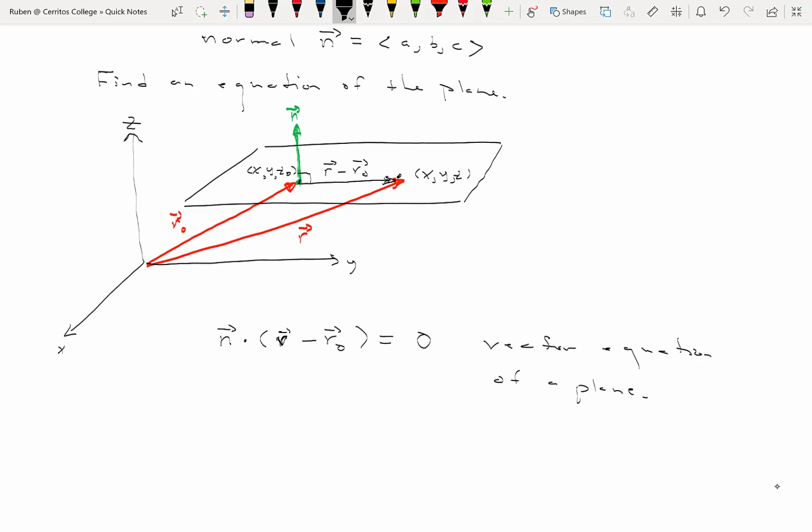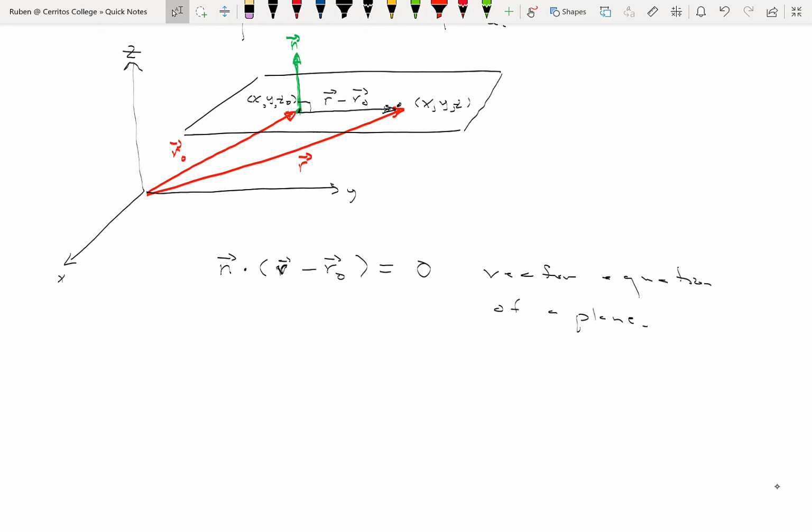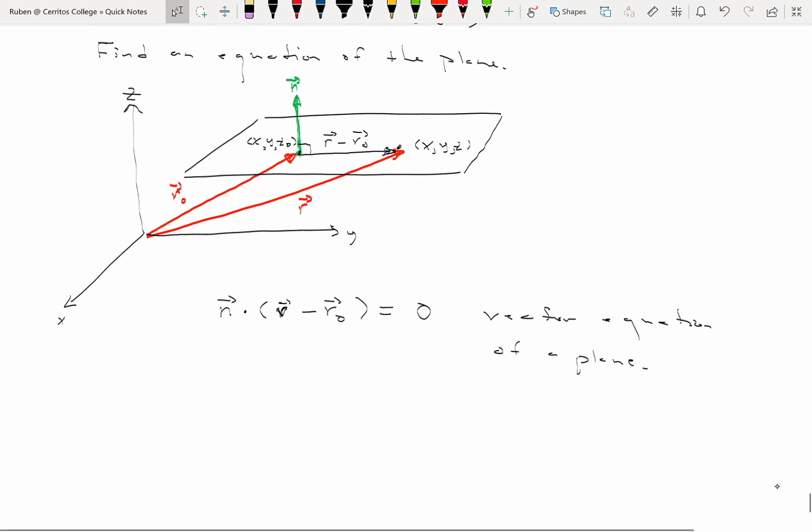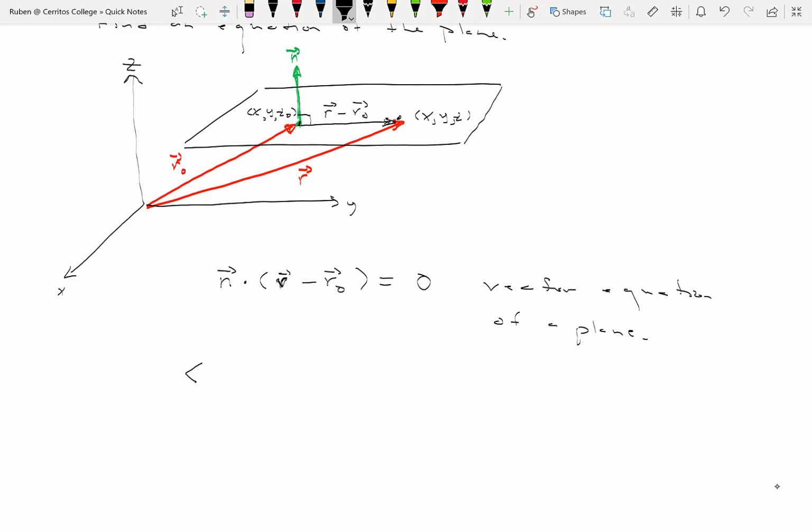Okay, it looks a little abstract written like that. Let's put the numbers in. Let's put the quantities in. The normal vector, did I identify it? Yeah, I did. I identified it as A, B, C. The normal vector is a vector whose components are A, B, and C. I'm assuming that the position vector R has components x, y, z, and R naught has components x naught, y naught, z naught.